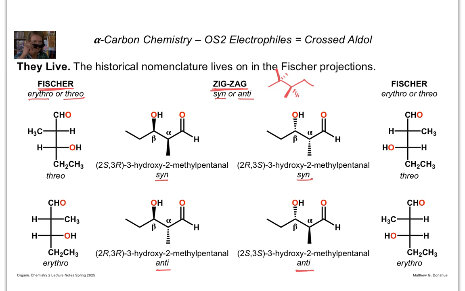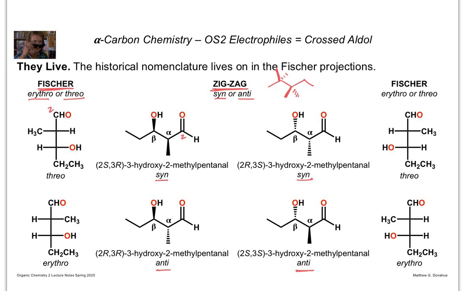But when you convert from zigzag to a Fischer, notice that aldehyde carbon is the highest oxidized carbon too. In a Fischer projection, the highest oxidized carbon always goes at the top of the chain. And then the backbone, notice the backbone for zigzag. The backbone is always vertical in a Fischer projection.